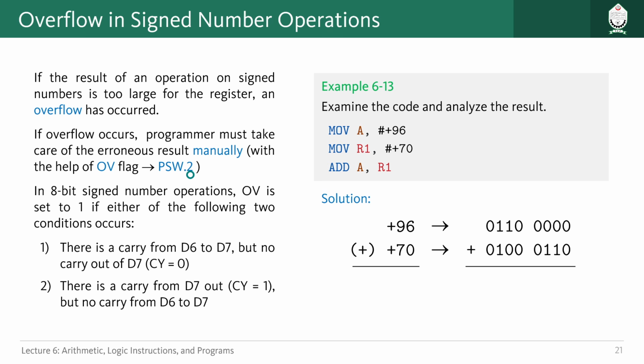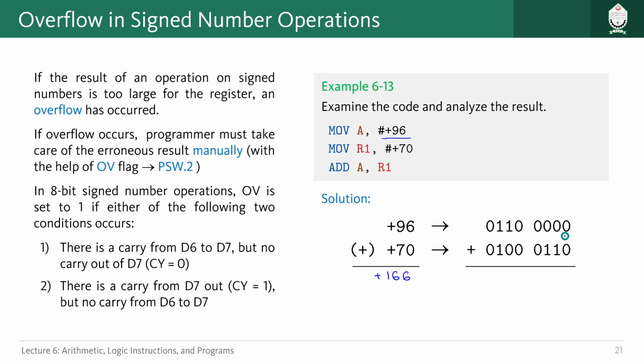So we will look at this example to see how that actually happens. One thing to note here is that we can represent signed numbers with this kind of notation. If you just add a plus here, that will automatically be considered a signed number, positive or negative. Okay, so if I do the calculation here, plus 96 and plus 70, that should result in a value of plus 166, right?